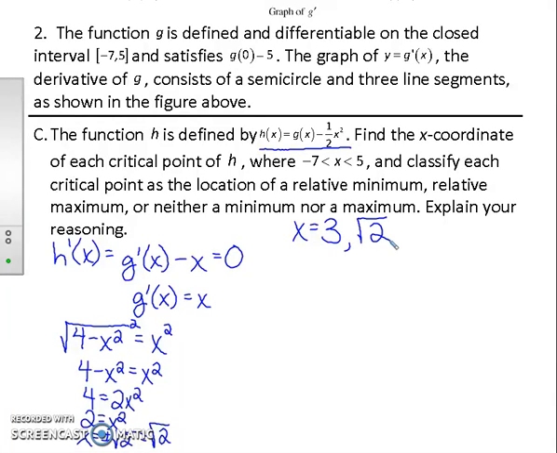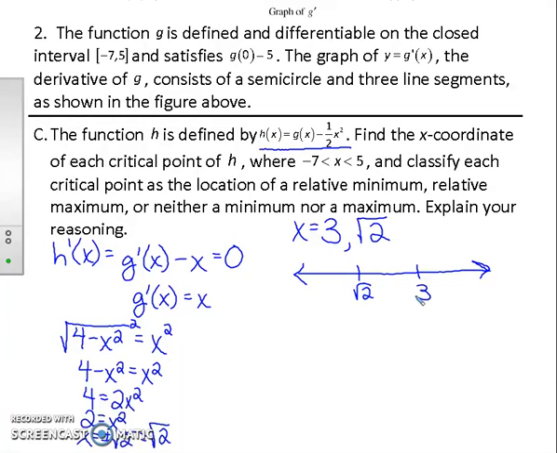So your second point for part C came from identifying both positive 3 and square root of 2 as possibilities for maxes or mins. Then once you've identified your critical points, you can make a sign line with square root of 2 and 3 on them. And you would substitute values into your h prime, so g prime of x minus x.